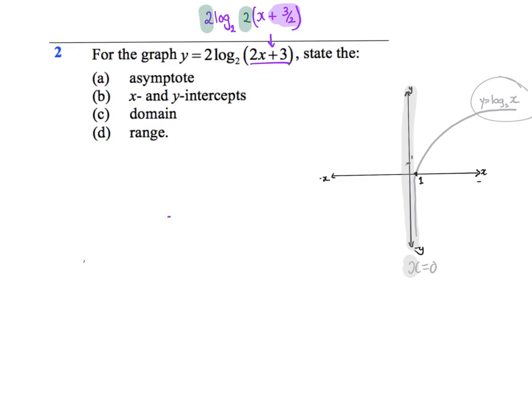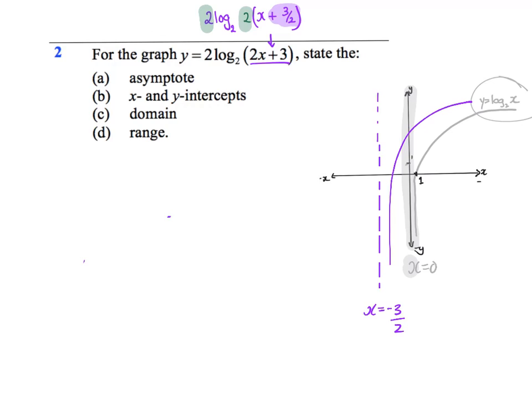So now I've got this asymptote over here at x equals negative 3 on 2. So I've moved that over. Now we know it just looks like this, okay? So we've got that. That's my graph.